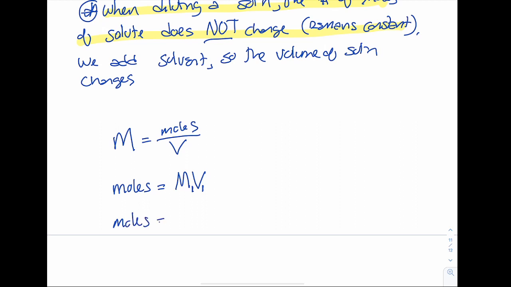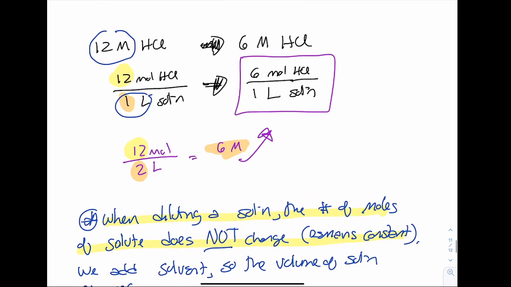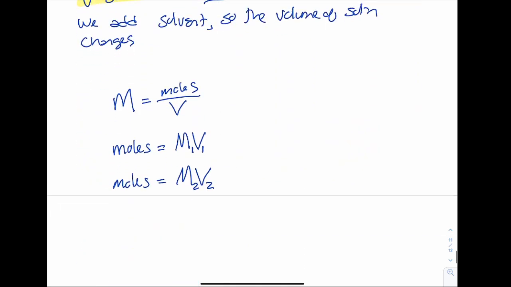So my number of moles is equal to its molarity times its volume, but I'm going to put a 2 down there for my new concentration and my new volume. So if we go back up, my new concentration is the 6 molar, and then my new volume.